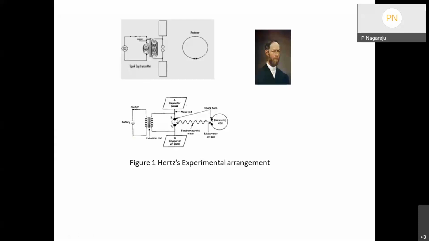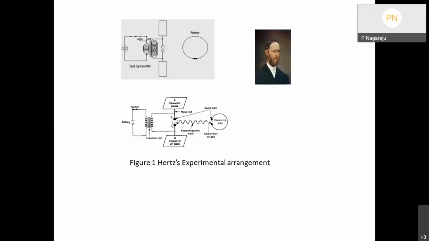The primary of the induction coil is connected to a battery, a DC power supply, which is of the order of about 10 volt or even less than that. You know that when breaking the circuit, a high voltage of the order of 10,000 volt is produced in the secondary coil, and these plates, A and B, acquire high potential difference.